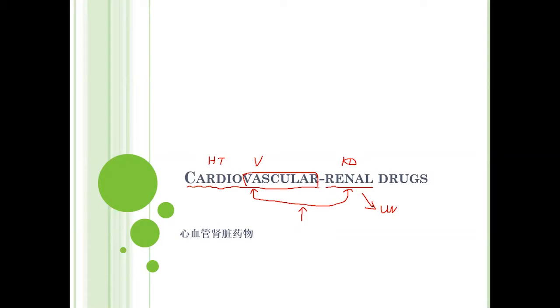So basically we're talking about body fluid and blood balance here. Yeah, we are not truly talking about kidney illness. We're just talking about some balance here. So that's basically this chapter and the drugs here.